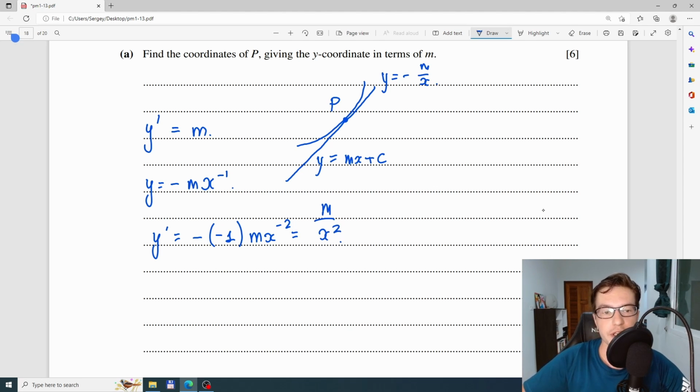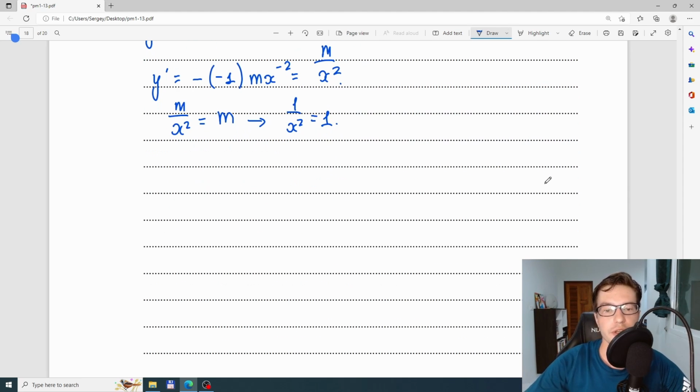Now that must be equal to m. So we get m over x squared equals m. Divide both sides by m, and we get 1 over x squared equals 1. Now that's the equation we have to solve to find the x-coordinate of the point P.